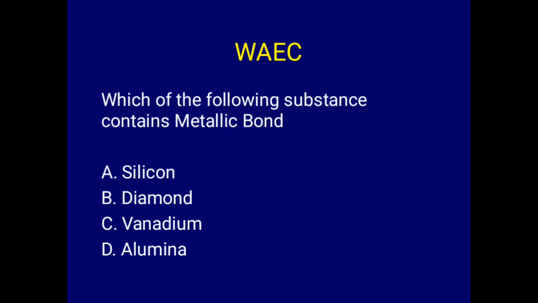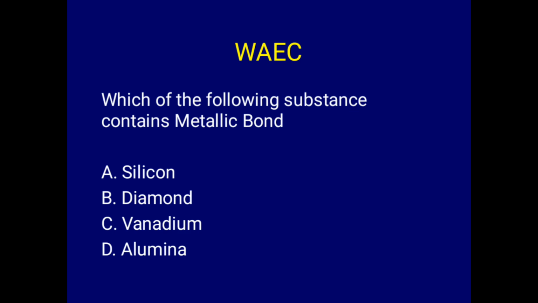Alumina is Al2O3, an oxide of aluminium, so it will not literally contain metallic bond. Of course, there is a bit of metallic bond there, but the much more appropriate answer here is vanadium. Vanadium is a transition metal, and it has metallic bond in it. So vanadium, option C, is the answer.